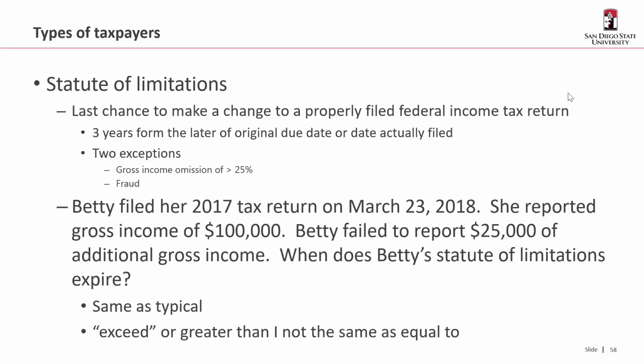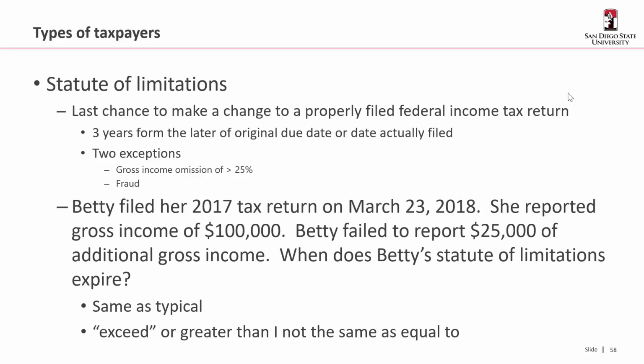So this is the last chance to make a change to a properly filed federal income tax return, and that's on either the part of the government or on the part of the taxpayer. So generally speaking, the statute of limitations is 3 years from the later of the original due date or the date the return is actually filed. However, there are two exceptions.